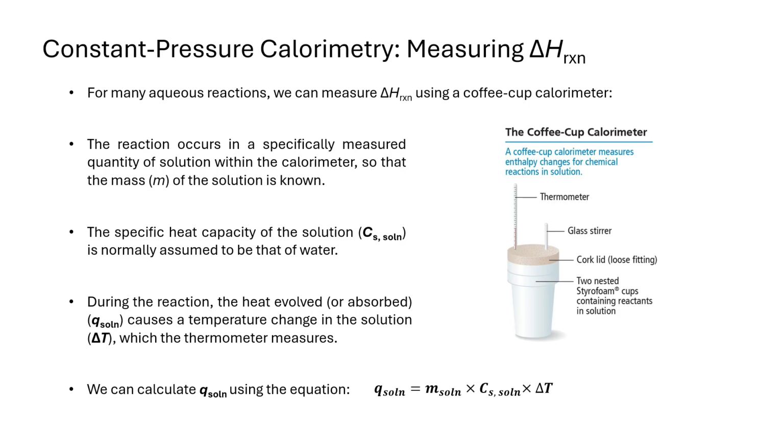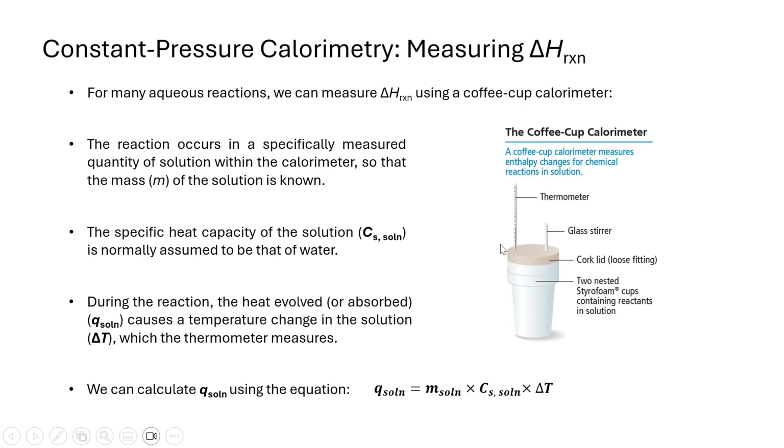Remember that delta H is at constant pressure. So basically what that means is the reaction in this coffee cup is not really sealed. It's exposed to the atmosphere, even though there's a lid on top of it. The lid isn't all that strong in keeping this contained, so it's still kind of open to the atmosphere.